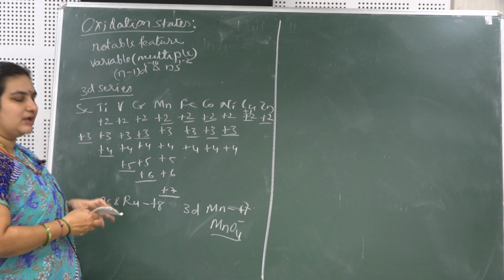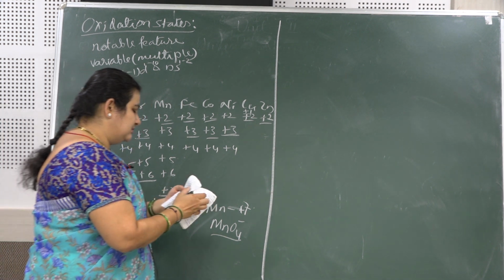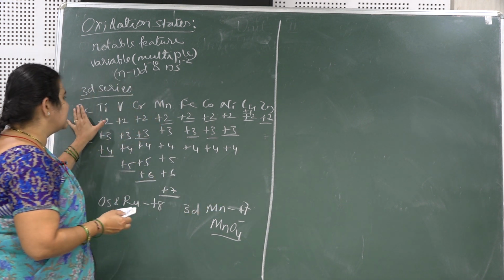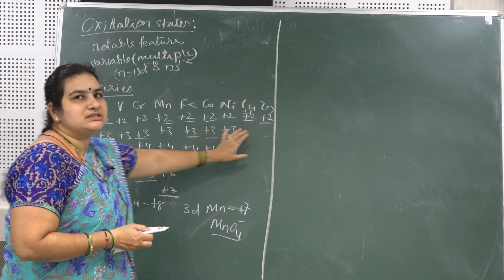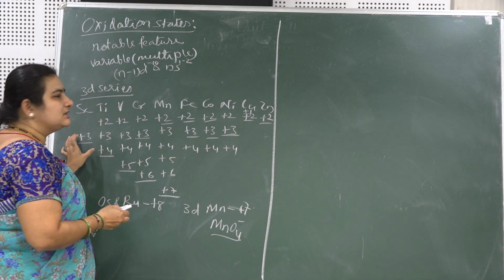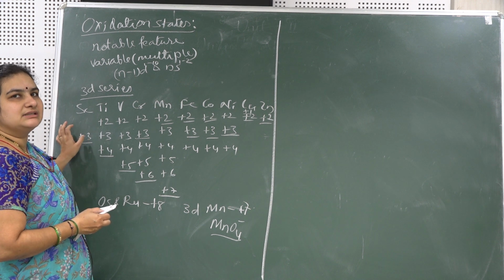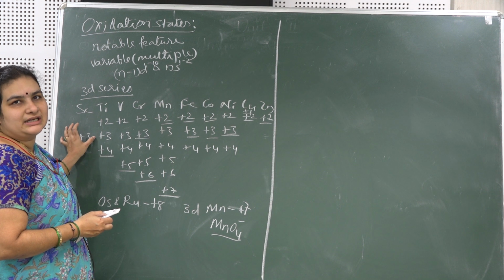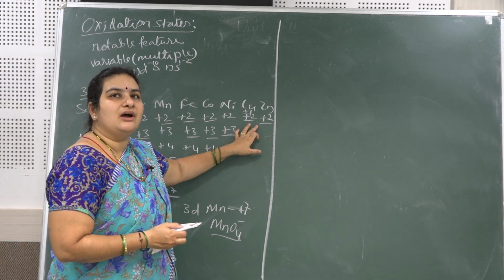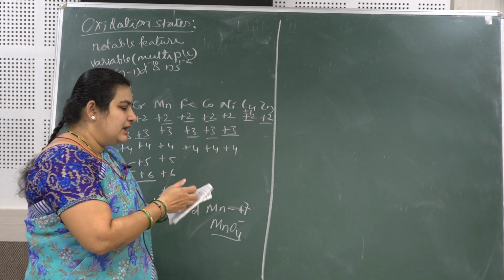Next, a lesser number of oxidation states will be shown by the extreme ends of the series. That means at the extreme ends either 2 or 3 oxidation states will be shown, because there will be very few d electrons to share, or many d orbitals but few electrons present.